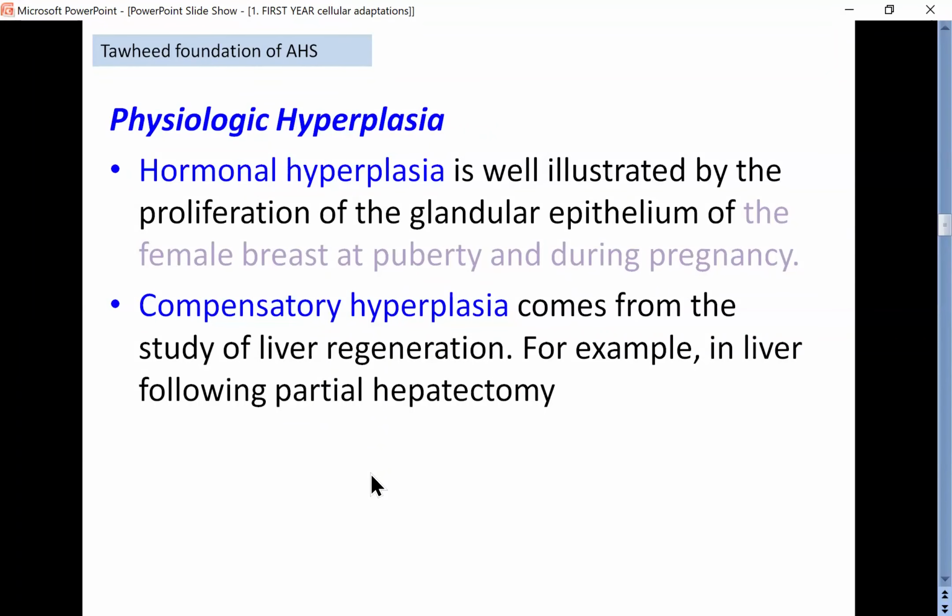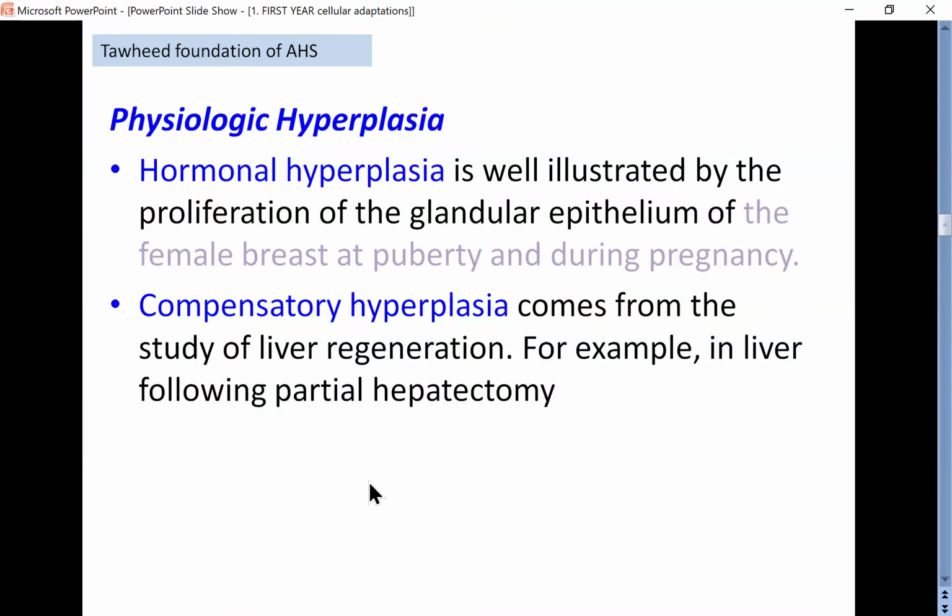So from a healthy donor, a part of the liver is taken and transplanted to a patient. What happens to that healthy donor after a part of the liver is lost? For compensation of the lost liver, the liver will regenerate by the process of physiological hyperplasia.